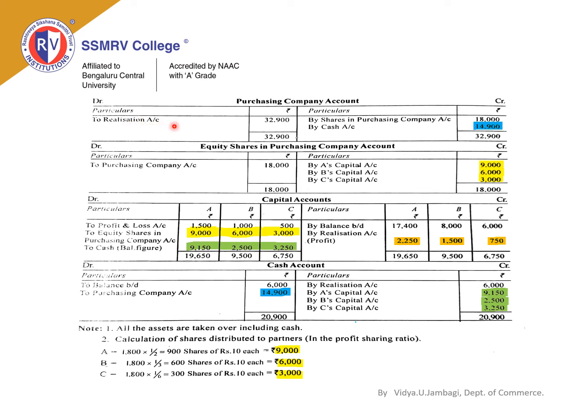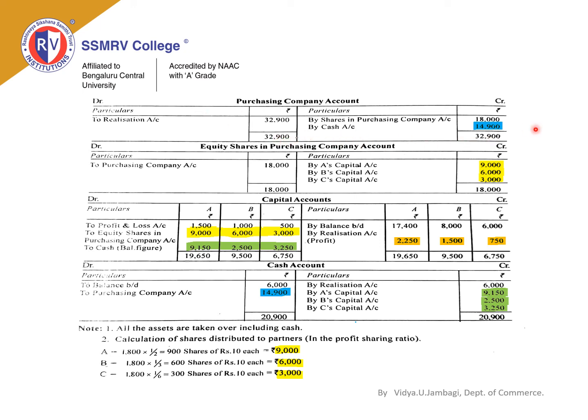So we have posted this on the debit side of purchasing company account, which is 32,900. On the credit side, how this PC is paid, or how this PC is received by the vendor firm, is posted here. It is received partly in shares, to the extent of 18,000, and partly in cash, to the extent of 14,900. So thereby the account gets closed.